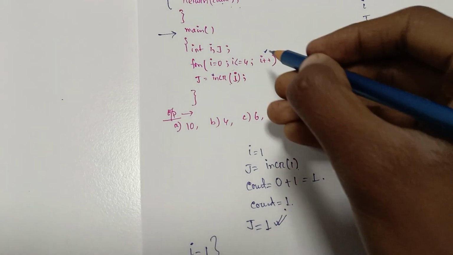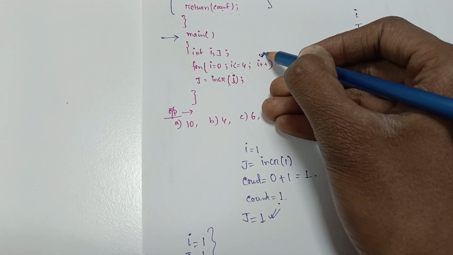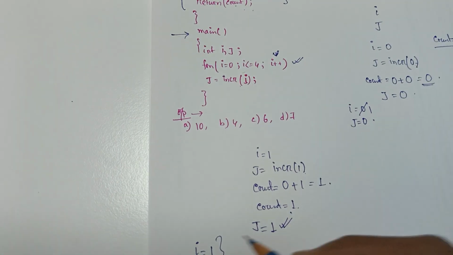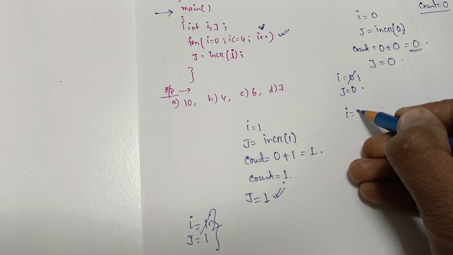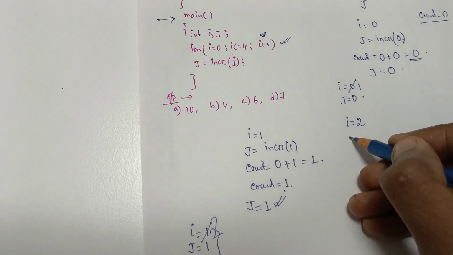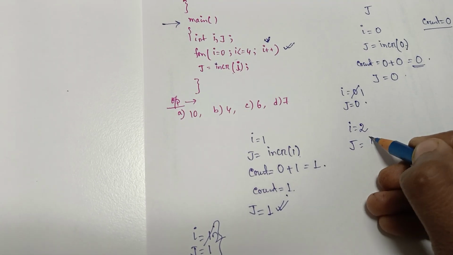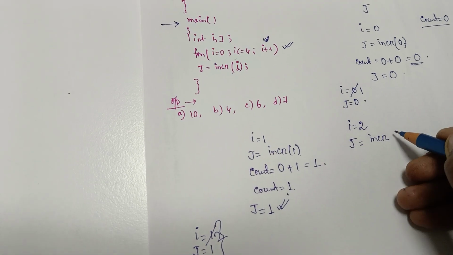Again the loop is executed and i is increased from 1 to 2. When i is 2, j calls incr of 2.